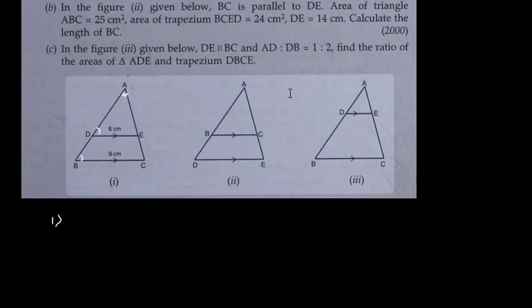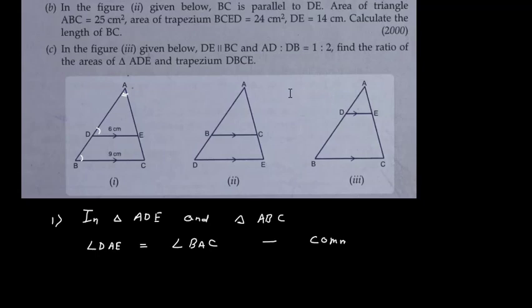So for the first problem, in triangle ADE and triangle ABC, angle A is common, so angle DAE is equal to angle BAC. Reason: common angle. Then we have angle ADE equal to angle ABC.